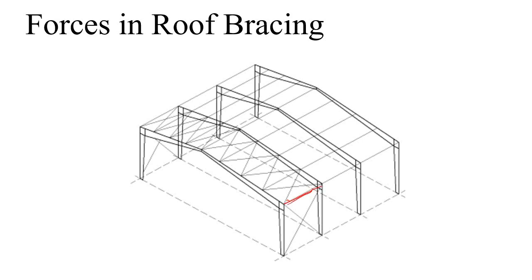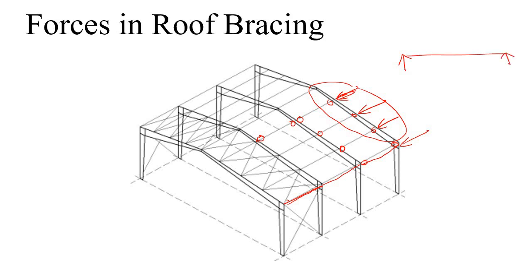So this secondary beam, this secondary beam, this secondary beam, they are connected with the primary beam or rafter through the pinned connection. Now the lateral load is coming from this direction, or the load is acting along the long direction. So how is it going to be carried? Definitely this lateral load is not going to be carried by the primary beam, because the lateral load is applied like this to the primary beam.